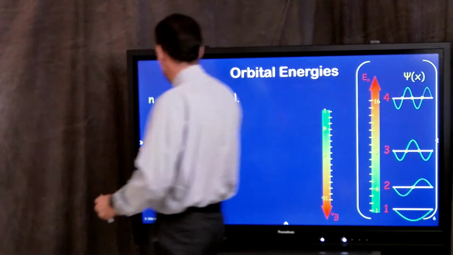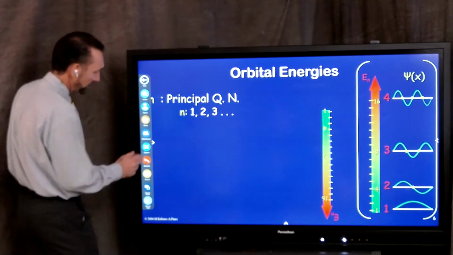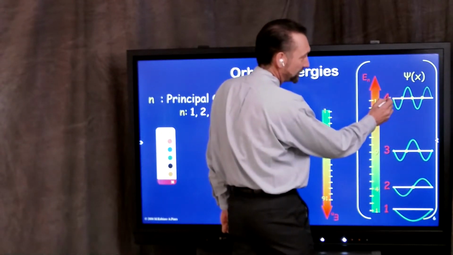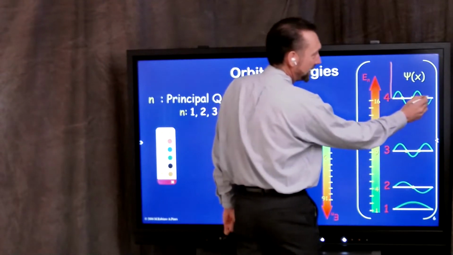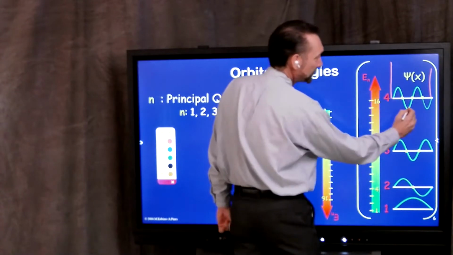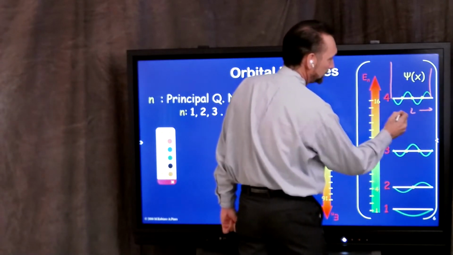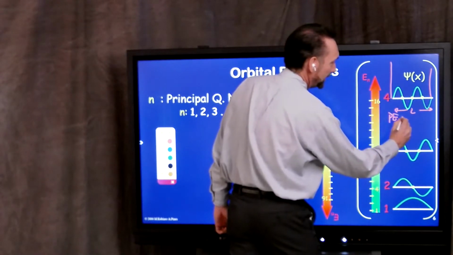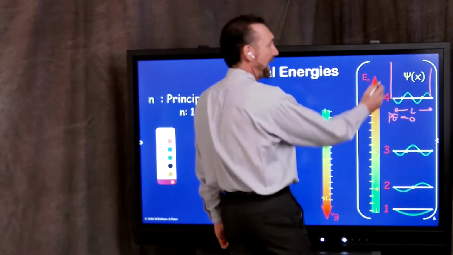Well, we didn't talk too much about this, but what we did is we said, we're going to take a region of space, and in this region of space, L, we're going to say the potential energy is 0.